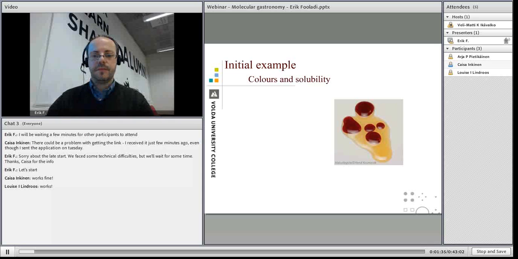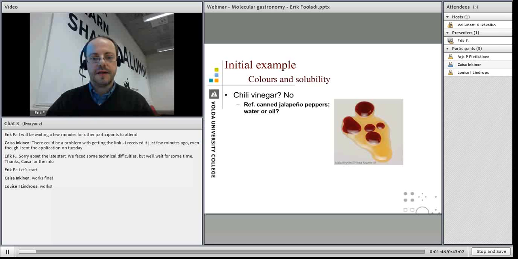This picture shows a mixture of an oil and a water-based solution, and the yellow part of it is a chili oil.